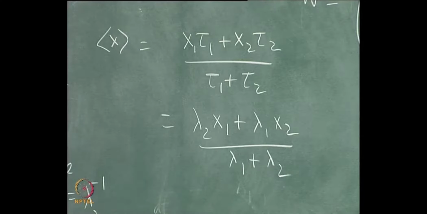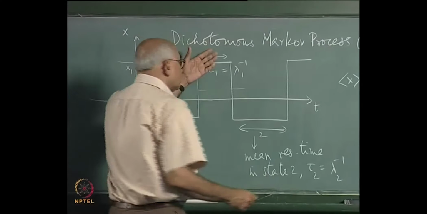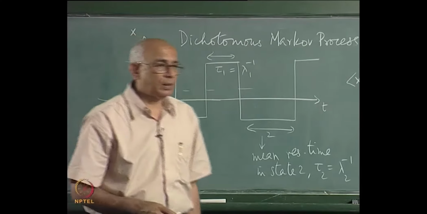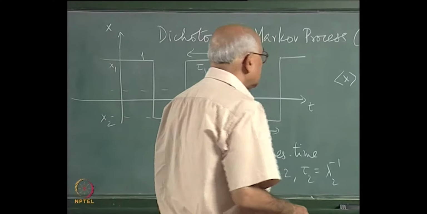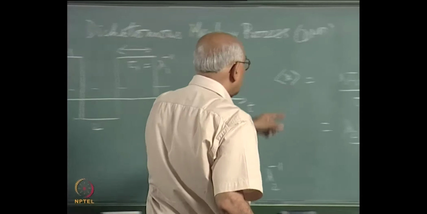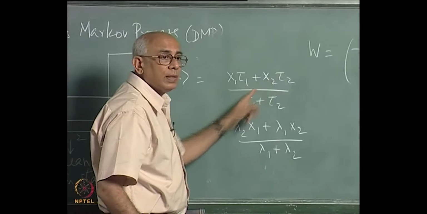So it is sitting somewhere here. It depends on whether it is closer to this or this, which would depend on what the transition rates are in general. And similarly for the mean square, and that would just be x1 squared and x2 squared here, that is it.